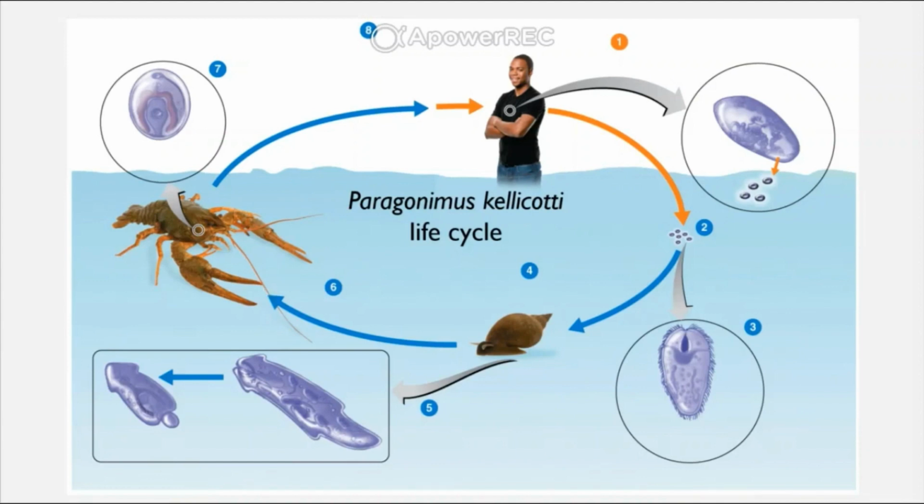And in the crayfish, they can become encysted, and the cysts get into humans if the crayfish is eaten raw by the humans. So this just goes to show you just how complex these life cycles can be.